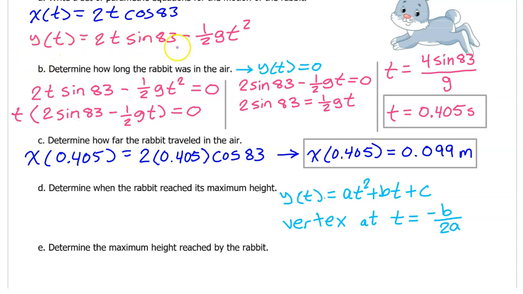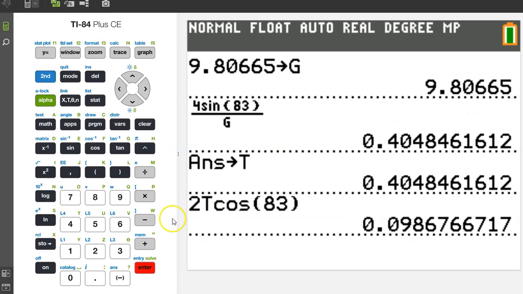This is the parabola that represents the vertical position of the rabbit. Be careful, it's sort of backwards compared to this model. So the value of a will be the coefficient of the t squared. In other words, this is a right here. A is negative 1/2 g. Let's turn this into a decimal real quick.